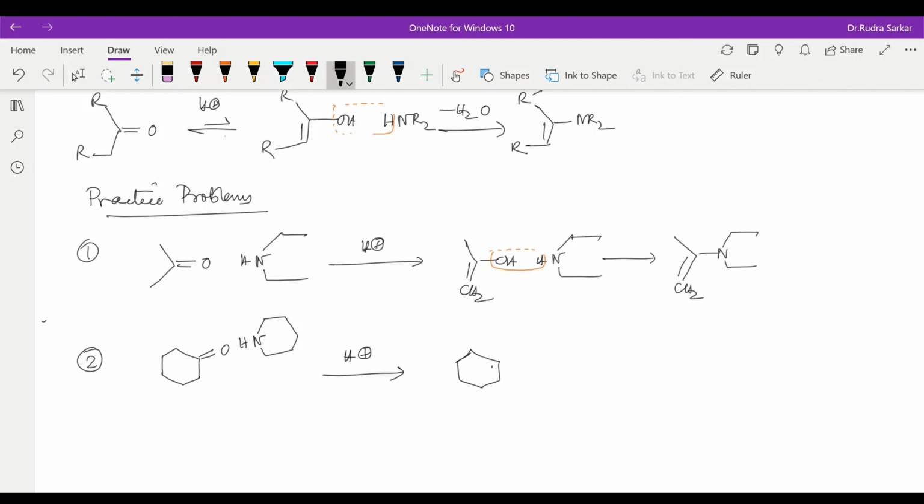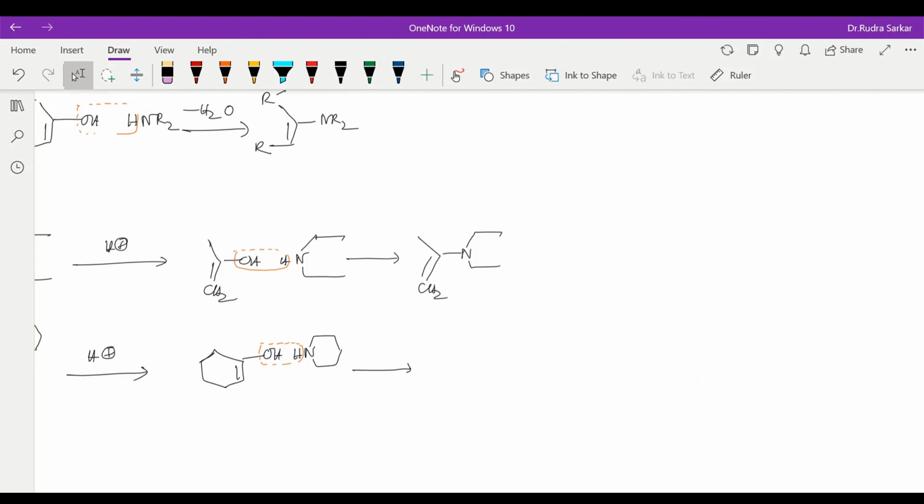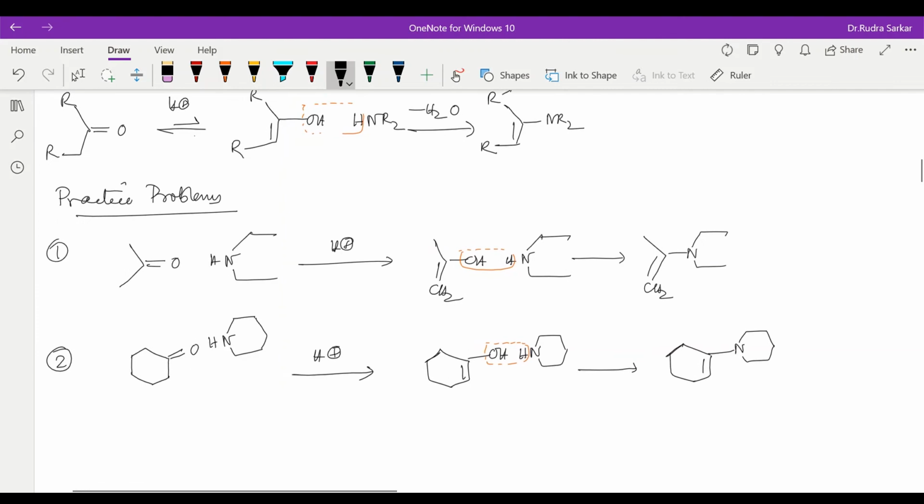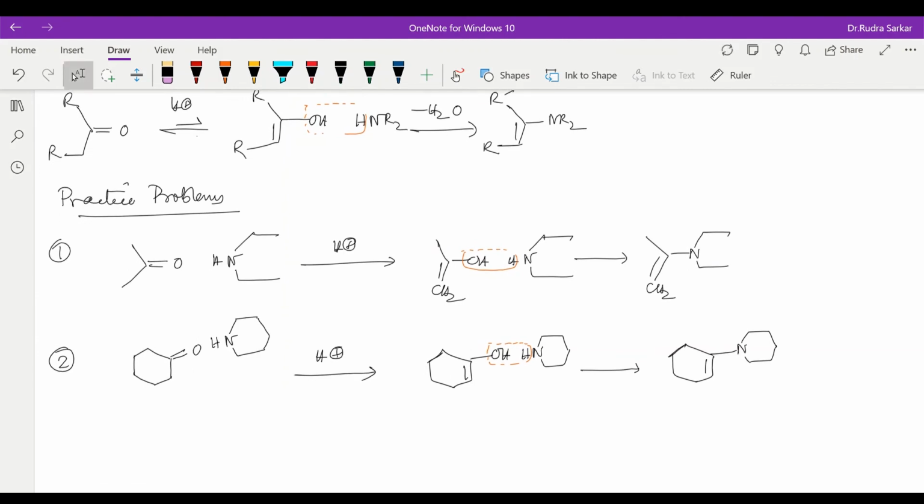Convert the cyclohexanone to an enol, plus the secondary amine in such a way that you can take out water. And that is your product. Okay, so that is how simple it is.